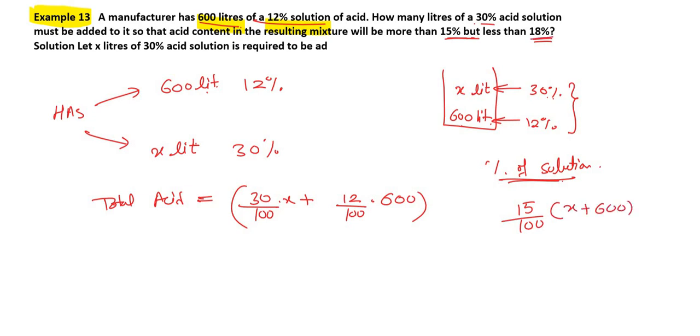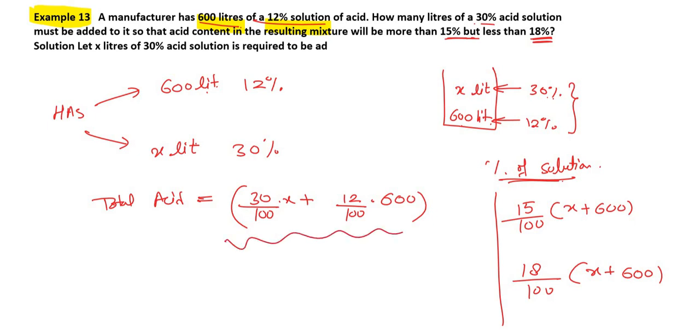And if they want 18%, it will be 18% of total solution, total liters, which is x plus 600, correct? So they want this total acid, which is available in this mixture, to be more than this but less than this, correct? Understood?